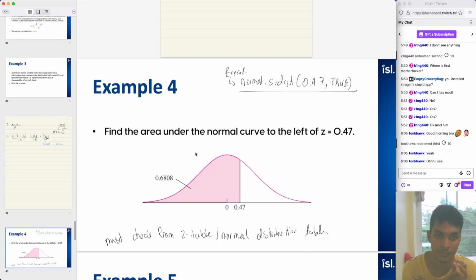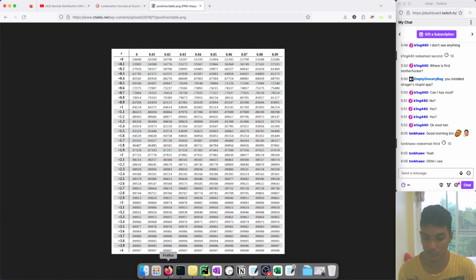Find the area. Okay, so he's saying that find the area 0.1.